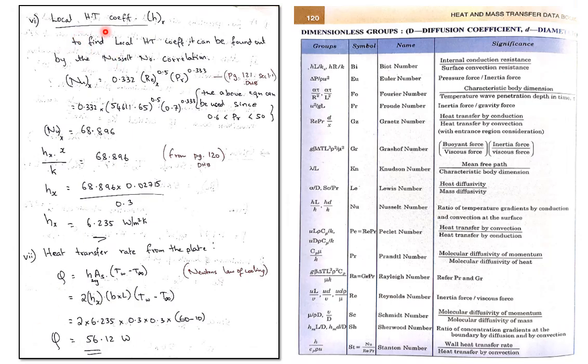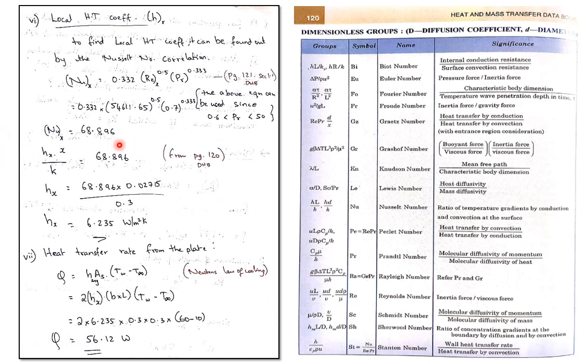Next one is the local heat transfer coefficient, to find hx. How to find hx? There is no direct formula. Hence, from the same page, you can see the Nusselt number, on page number 121. The Nusselt number is equal to 0.332 Re to the power half Pr to the power one third. Substitute the values of Re and Pr and you will get the Nusselt number.